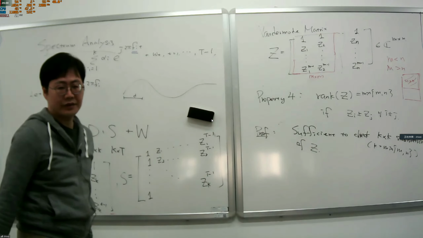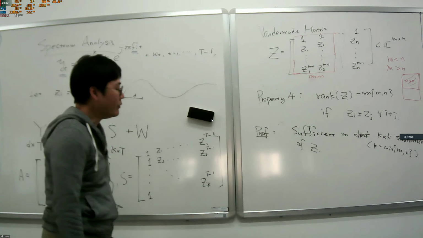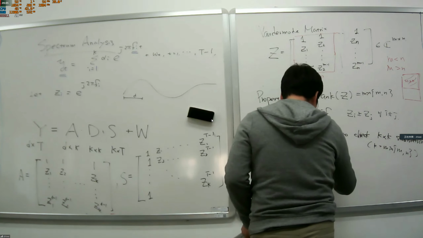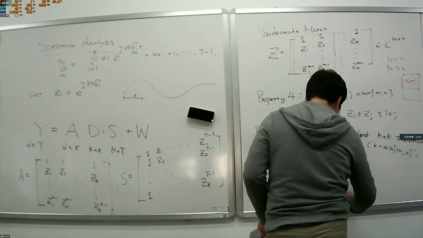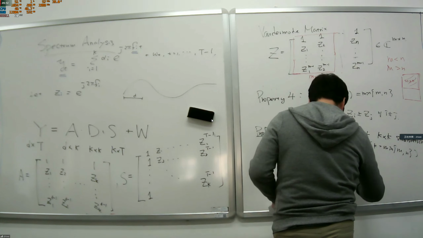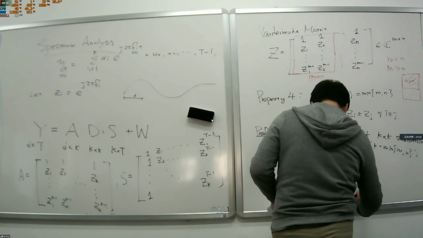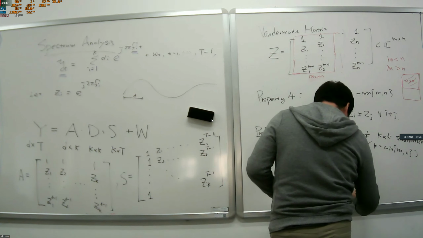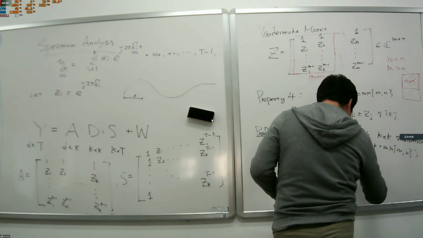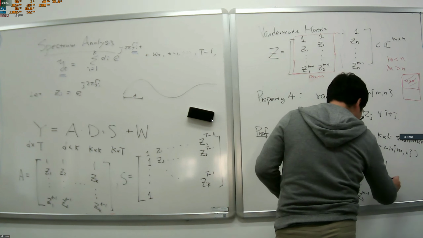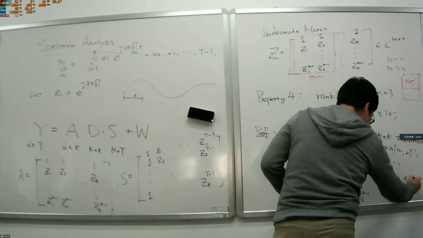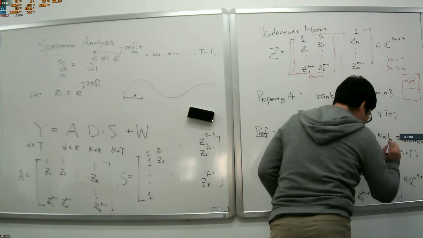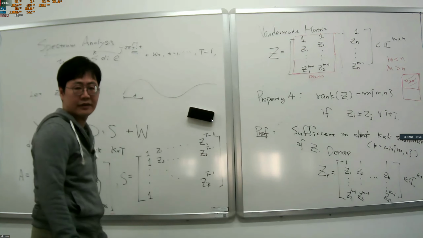Then let's denote this submatrix by Zk, which is z1 to zk, z1 to the power k minus 1, z2 to the power k minus 1, zk to the power k minus 1.